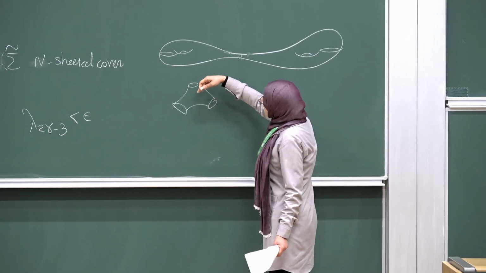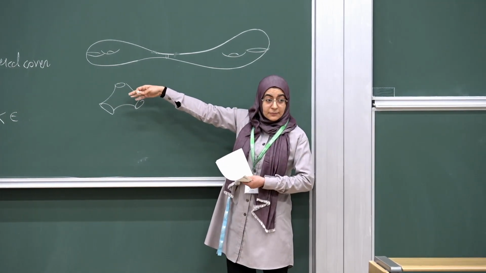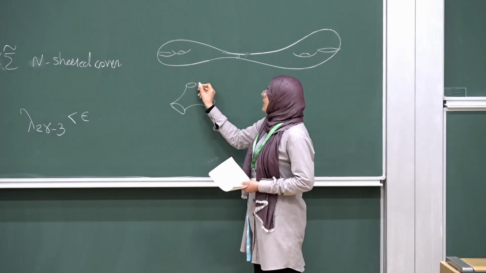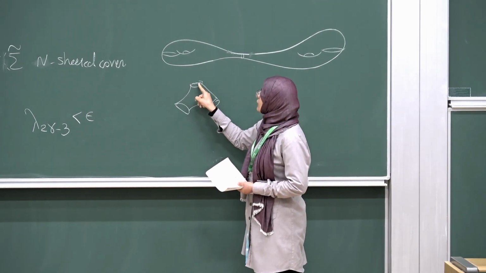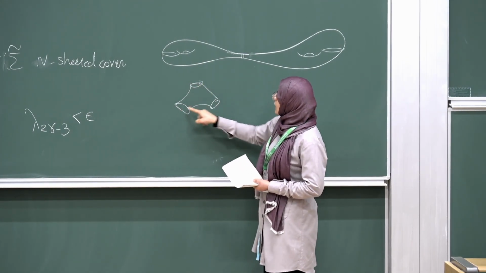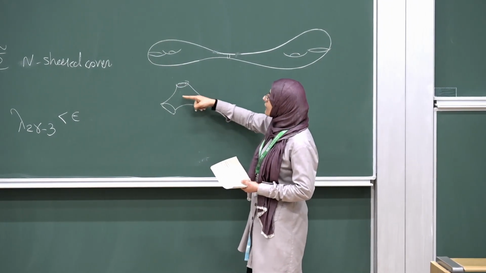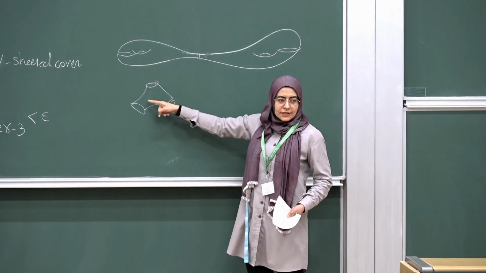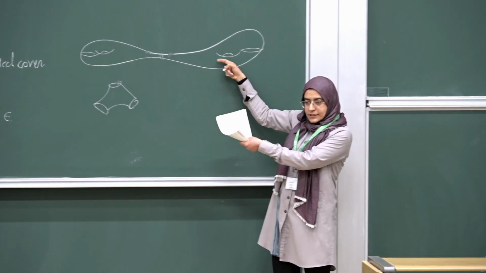Basically, any hyperbolic surface we can decompose into these building blocks. If I give you the lengths of the three closed geodesics which appear in the boundary of this pair of pants, they uniquely define one hyperbolic geometry on this piece. And then we can patch them together to build our surface.